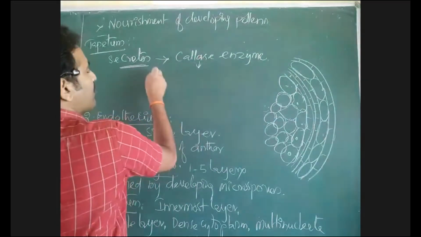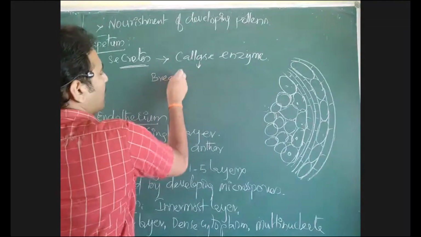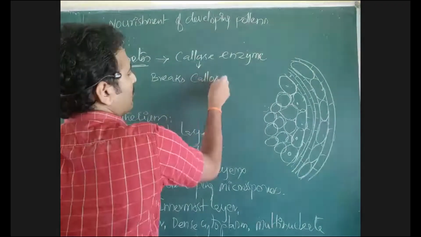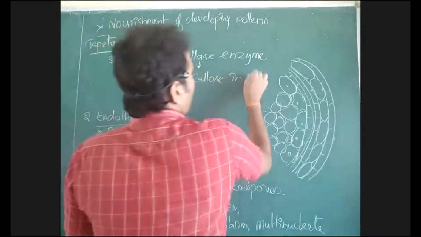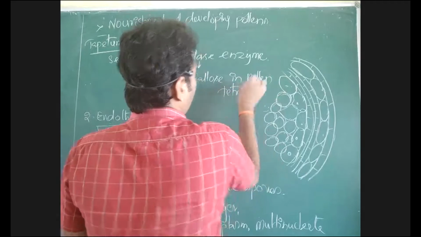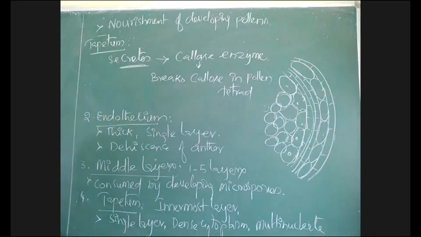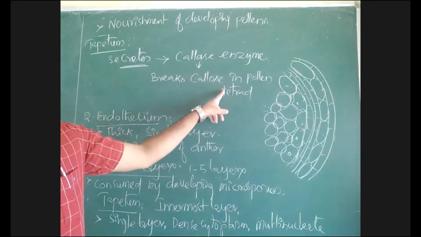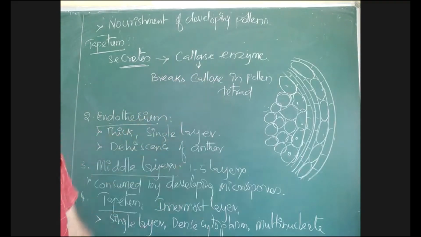What is callase enzyme? This enzyme is responsible for breaking down callose in the pollen tetrad. Callose is a substance present in the pollen tetrad that is broken down by callase enzyme.